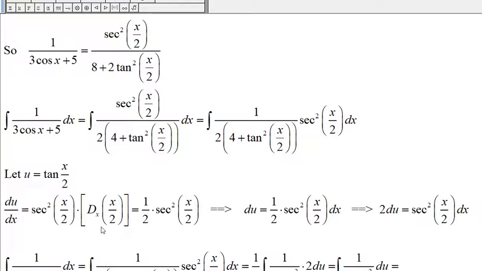The derivative of x over 2 is 1/2, because x over 2 is the same as 1/2 times x. So we get du equal to 1/2 secant squared of x over 2 times dx. Multiply both sides by 2, and we get 2 du equal to secant squared of x over 2 times dx.